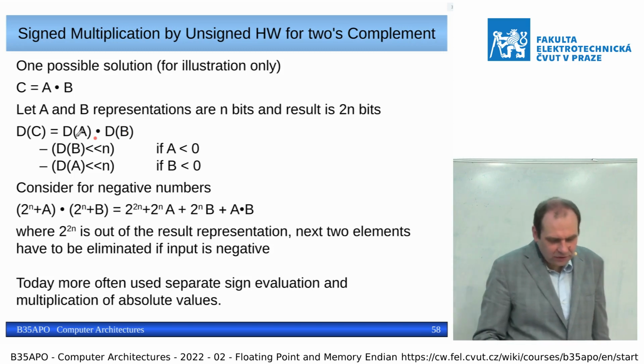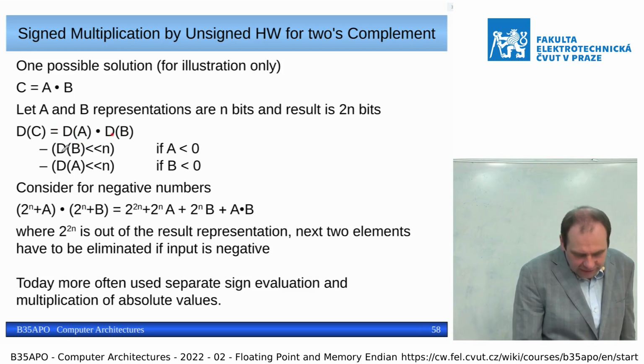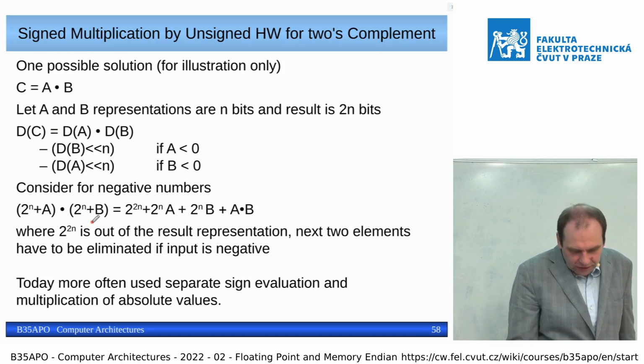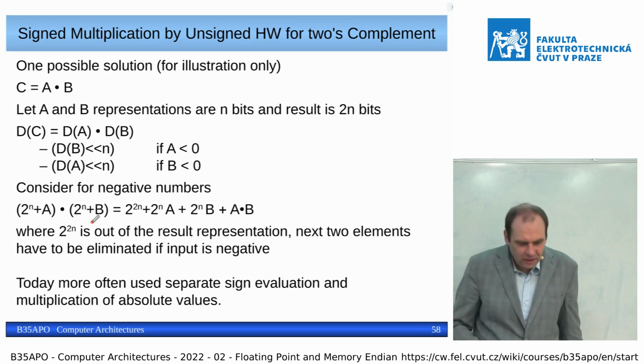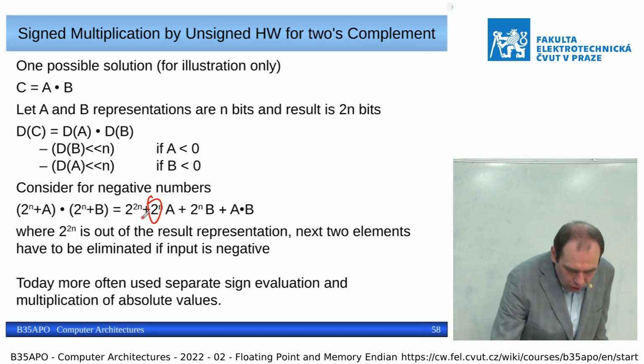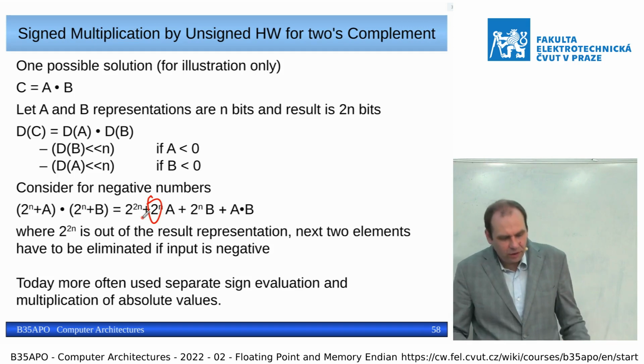in such a case we need to correct for the negative value, because in fact we have one modulo multiplication of the second element.